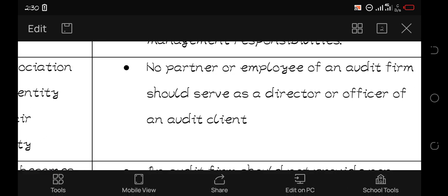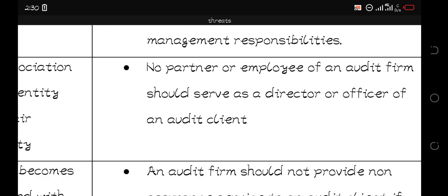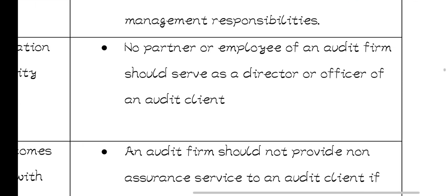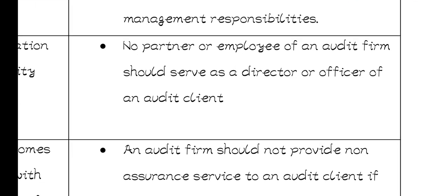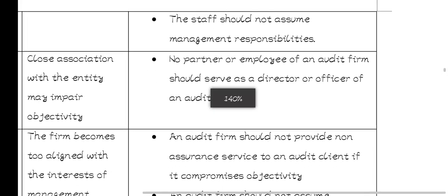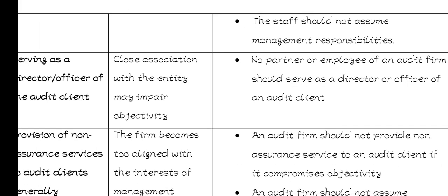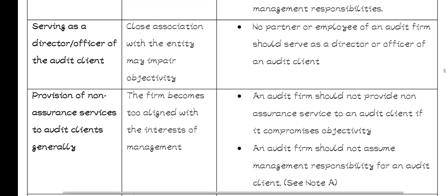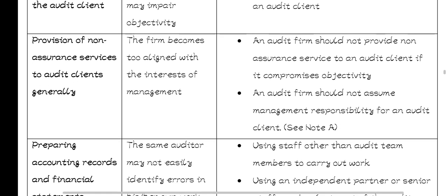So no partner or employee of an audit firm should serve as a director or officer of an audit client. You should not work in both organizations at the same time.